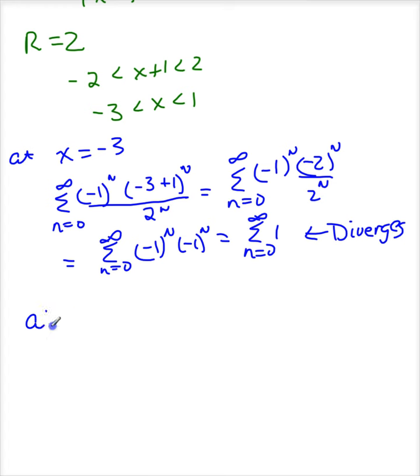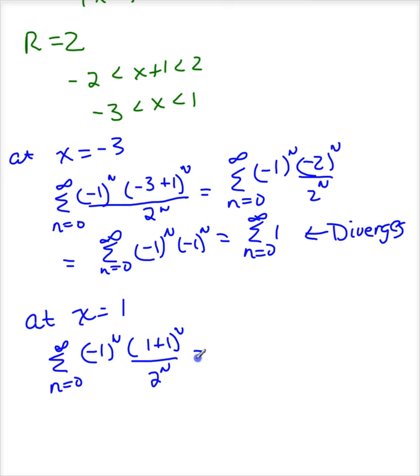Now let's look at x equal 1. This becomes a sum as n goes from 0 to infinity of -1 to the n times 1 plus 1 to the n divided by 2 to the n. This is going to be the sum as n goes from 0 to infinity of -1 to the n, 2 over 2 to the n.